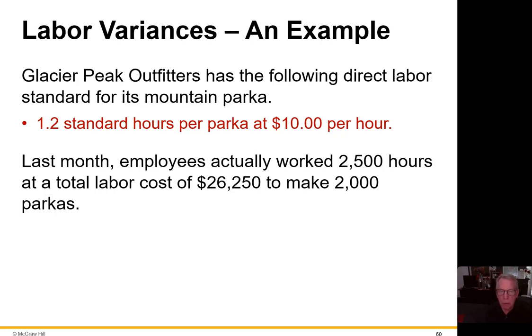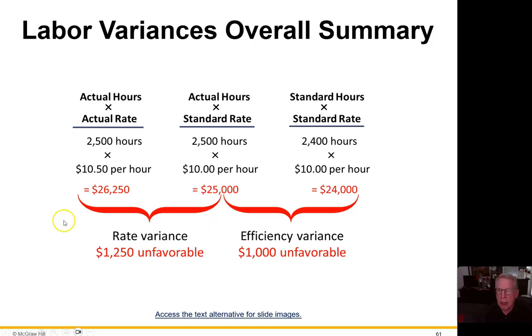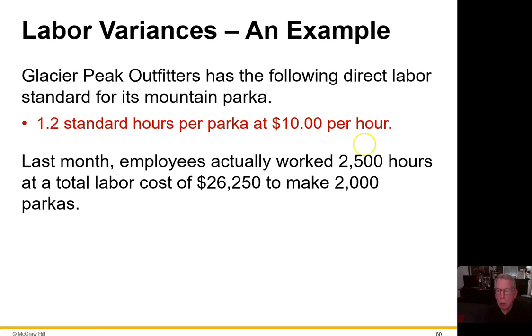So if I make 2,000 parkas, my actual hours were 2,500, and my total labor cost was 26,250. That backs into $10.50 per hour. Okay, and then at standard, I'm allowed 1.2 standard hours per parka.